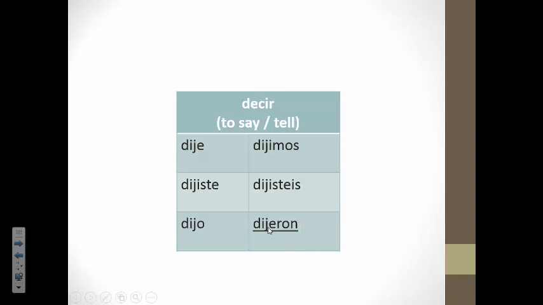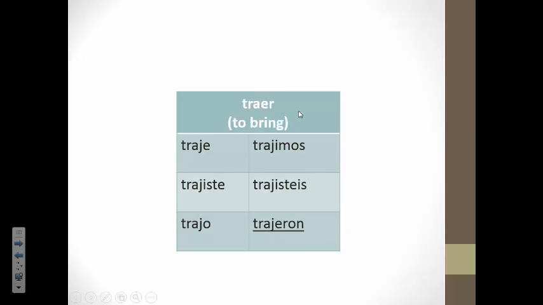They dropped this I right here. So they don't say dijieron, it's just dijeron. Same thing is going to happen with traer: traje, trajiste, trajo, trajimos, trajeron. Those two verbs that have an irregular stem that ends in J, they are not ieron. They're just eron.